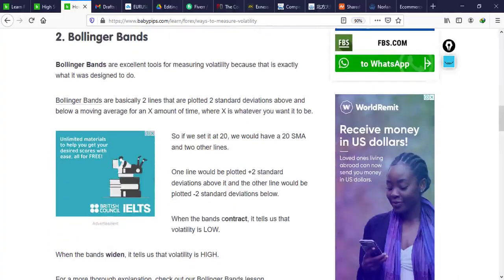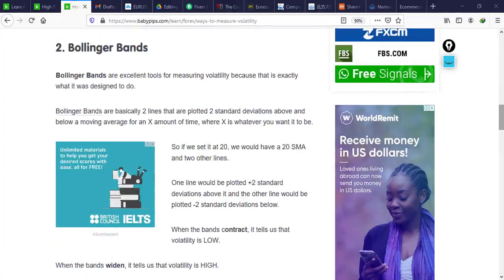Next is Bollinger Bands. Bollinger Bands are also a very important tool for measuring volatility. Bollinger Bands are basically two lines that are plotted 2 standard deviations above and below a moving average of X amount of time, where X is whatever you want it to be.